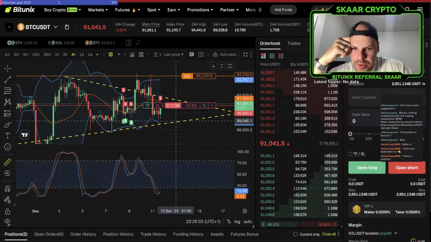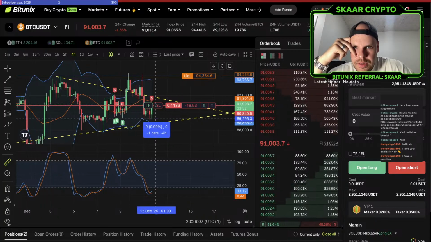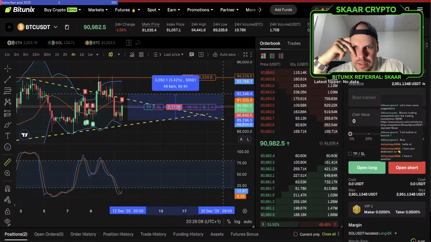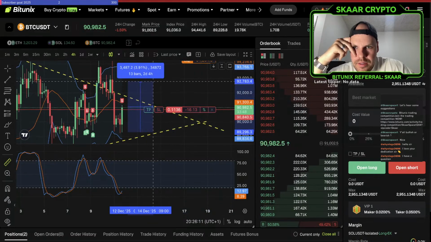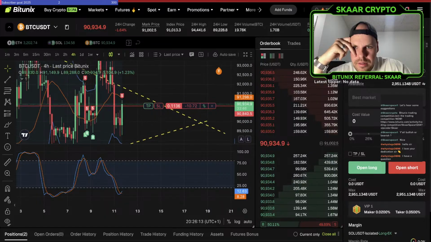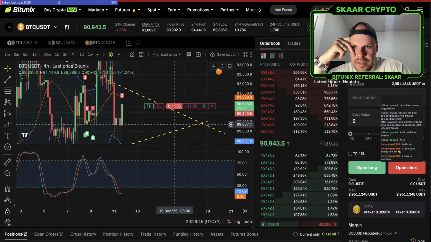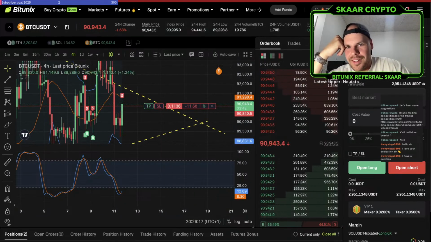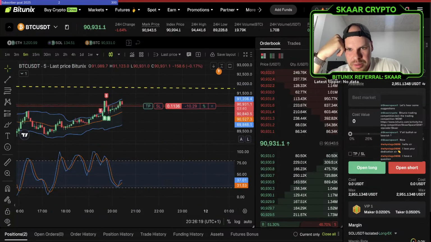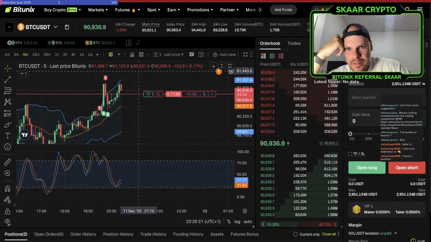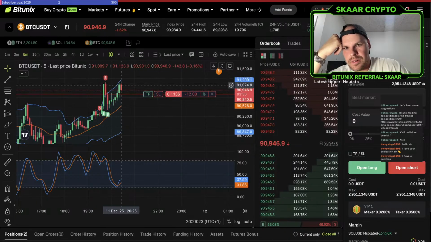Again, I'm at that point right now where I kind of want to close it and I kind of want to let it ride. And as I'm saying that, it is starting to range in the most annoying way, because we're starting to see that top resistance.